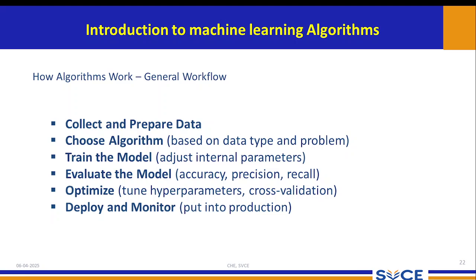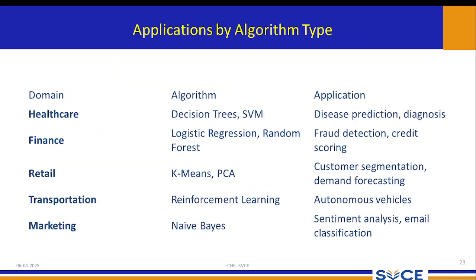So similarly, coming to the application of algorithm type, for healthcare, what is the type of algorithm we can go for? Decision tree, support vector machine. For retail, K-means, and from principal component analysis, we can go for dimensionality reduction. Okay, transportation, reinforcement learning, and then marketing, naive Bayes. So these are the types of algorithm we can go for.